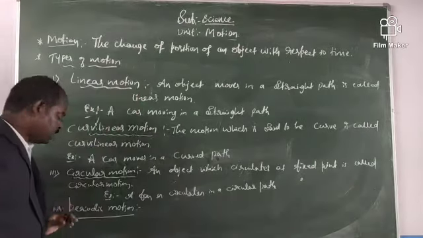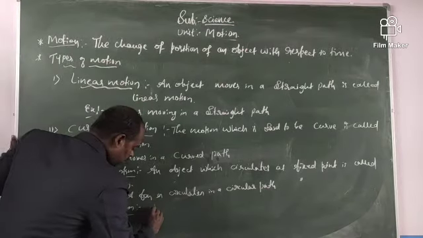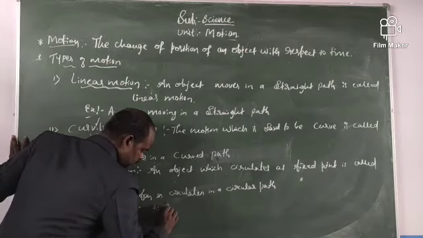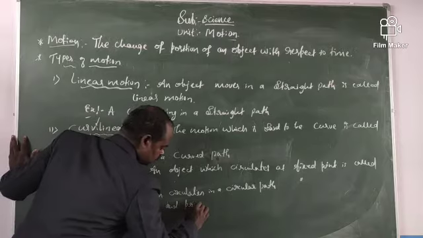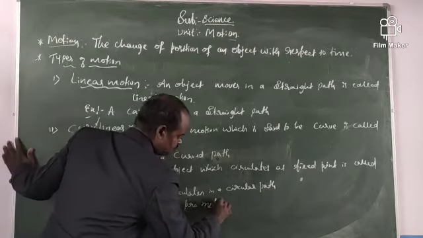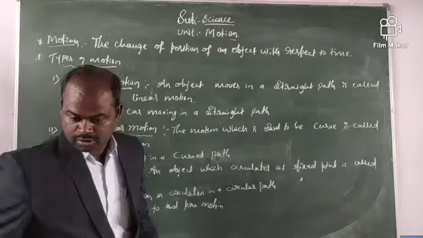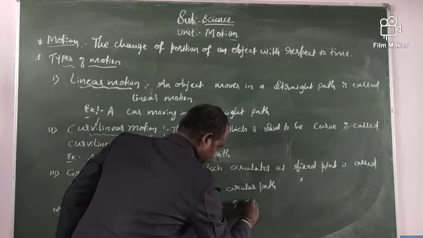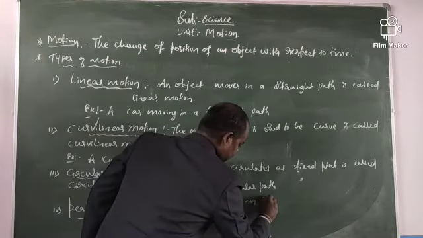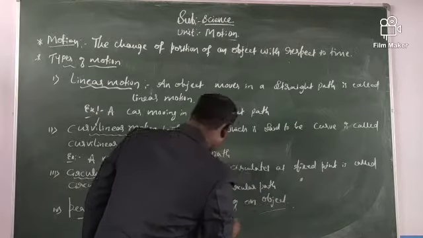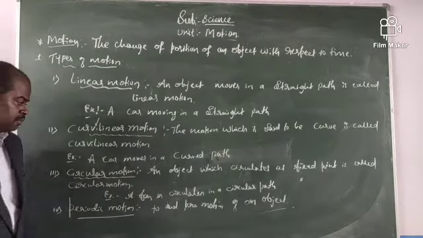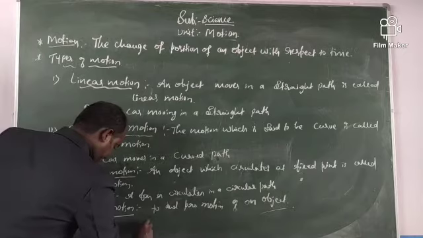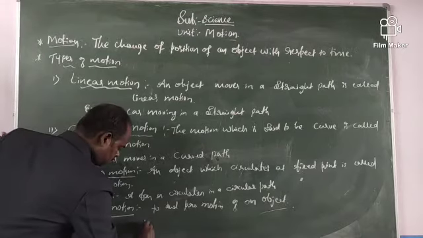That is what? Periodic motion. The to and fro motion of an object. This is what? Periodic motion. Example of periodic motion: pendulum.